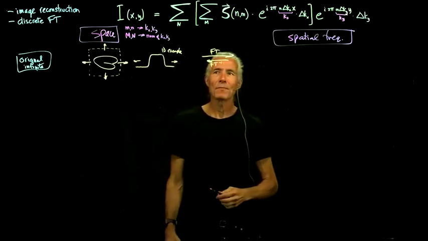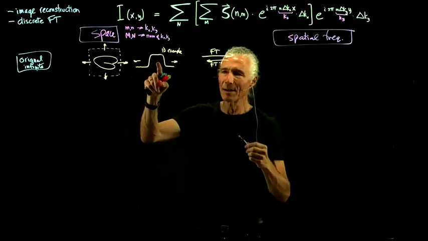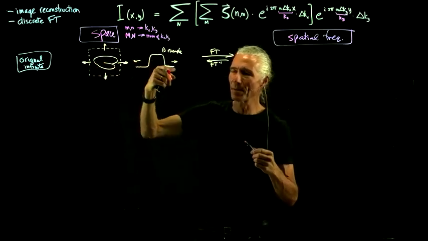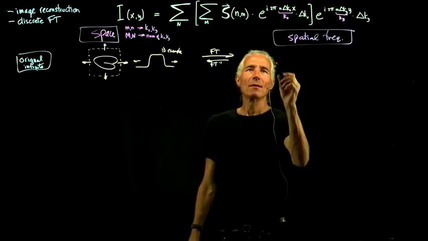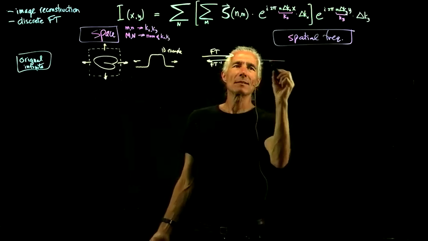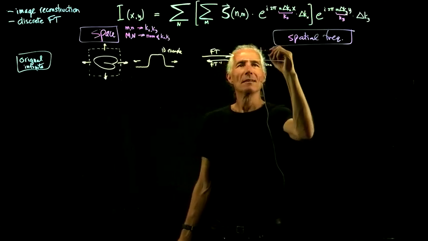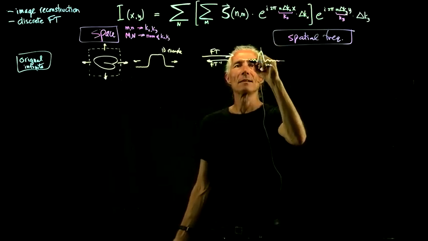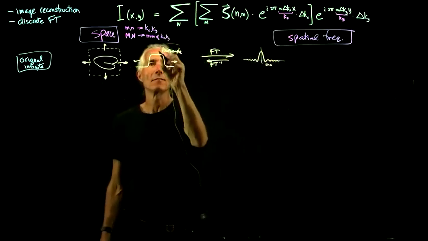So what does that look like? Well, it's kind of a boxcar function. The brain is more or less a boxcar function: black, brain, black. And so what's the Fourier transform going to look like? Well, it will look more or less like a sinc. So what's the sinc function? That's S-I-N-C. It kind of looks something like this. It's got a central peak and it falls off, if we look at it in 1D. A 1D example.